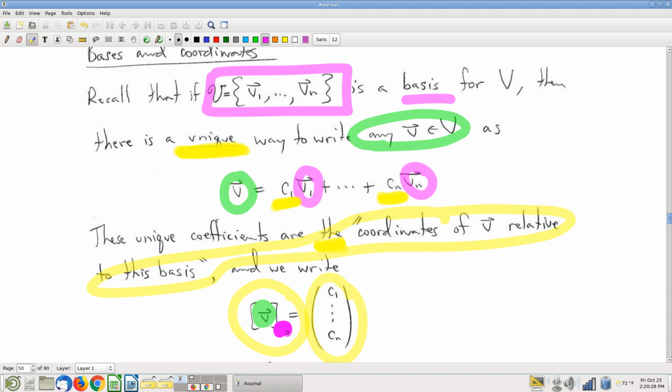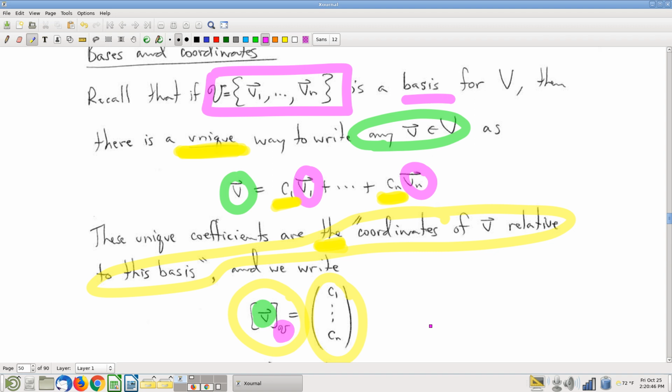And the basis, with respect to which we're writing that vector in coordinates, that basis is a subscript. So notice the notation: vector, basis, coordinates. Right?